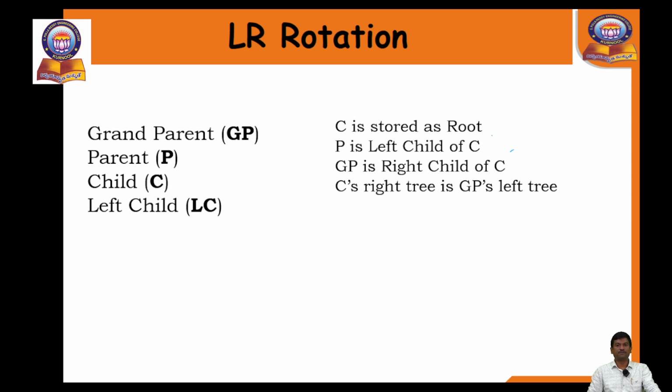That is, if C contains a right tree, it becomes the grandparent's left tree. There may also be the possibility that C's left tree, that is the child's left tree, is present. If C contains the left tree, then it should be attached to the parent's right tree.